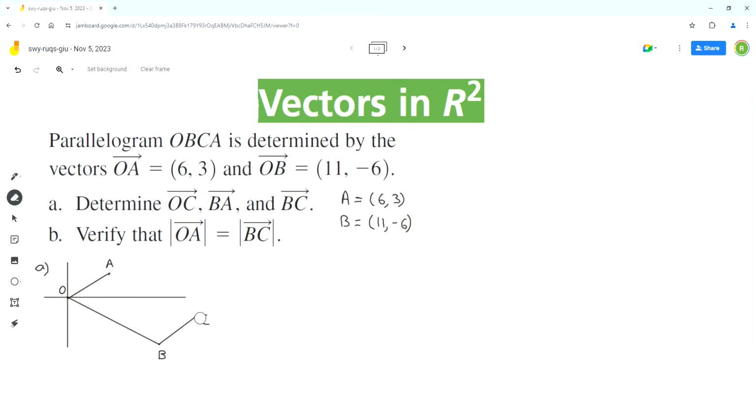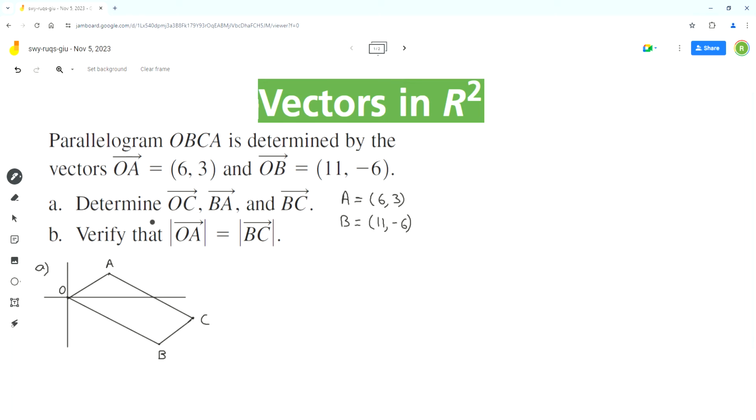So I think point C should be a bit closer to B. Yeah, maybe here. And now we can complete this parallelogram. So this is parallelogram OBCA.